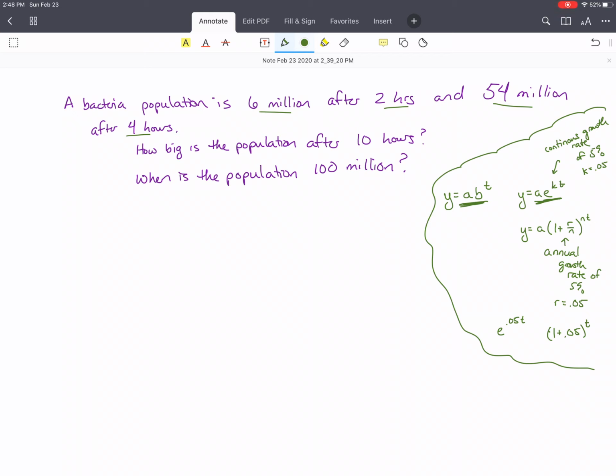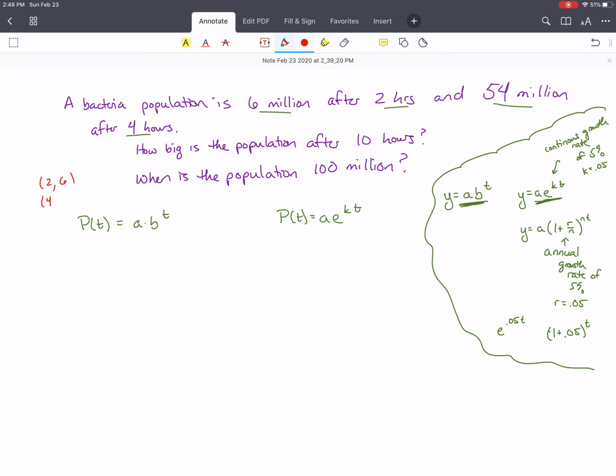What I would do first is just find the model. I want to find the population of this bacteria as a function of time t in hours. And I'm either going to write that as a b to the t or a e to the kt. And I can do either one. But the key is I have 2 points. After the input 2 hours, I've got 6 million.